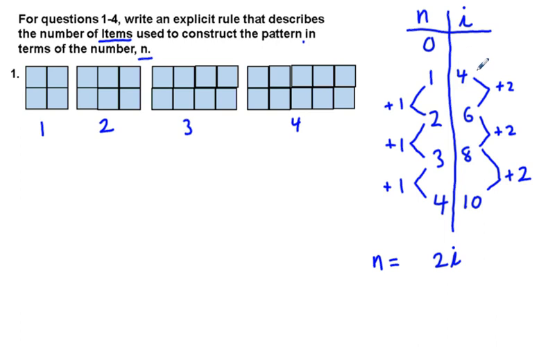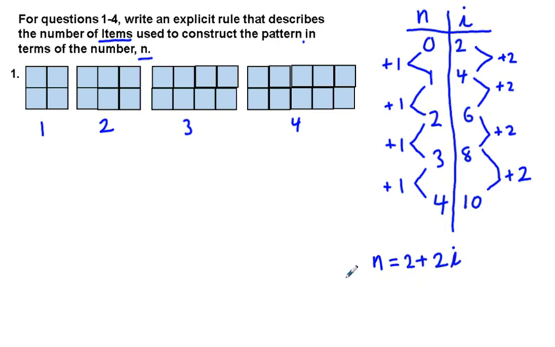So we know if we go up plus 2, following the pattern to get from 0 to 1 on the left side, what does this number here have to be? The number here has to be 2. So our explicit rule is going to be 2 plus 2i, because 2 is where we started out.